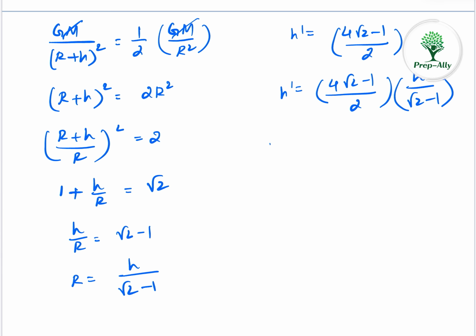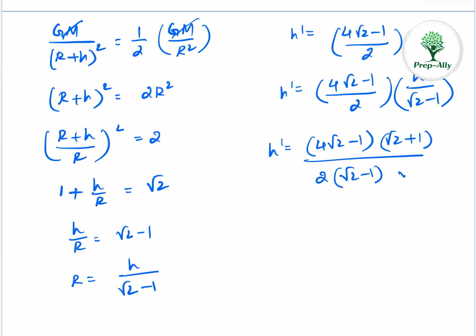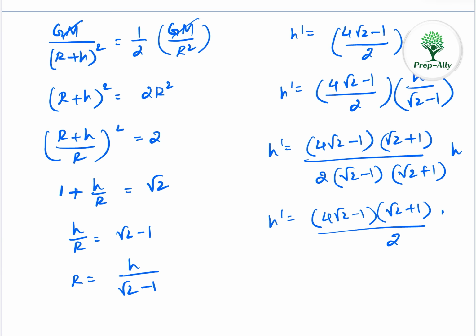For that, let's multiply with root 2 plus 1 by root 2 plus 1, and of course we have h here. So the denominator now becomes root 2 square is 2 minus 1 is 1. So we just get 4 root 2 minus 1 into root 2 plus 1 by 2 into h.